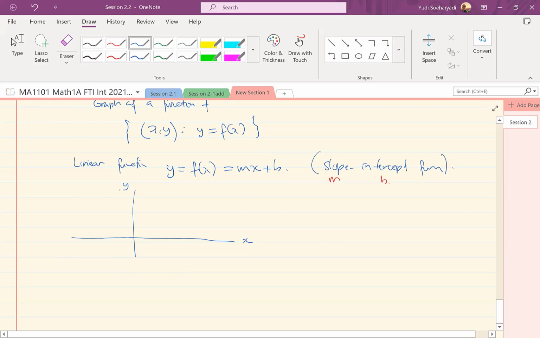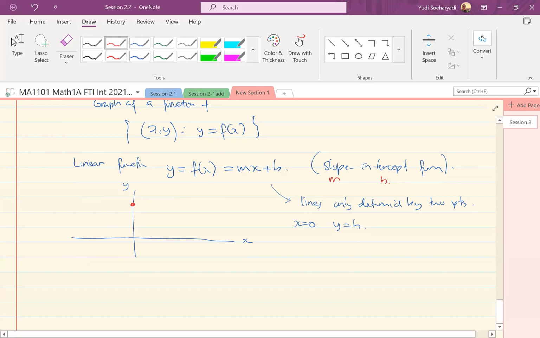Let's see, if you plug in x equals 0, then y equals b.